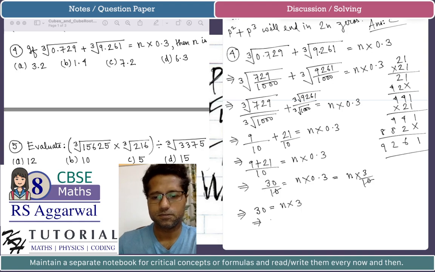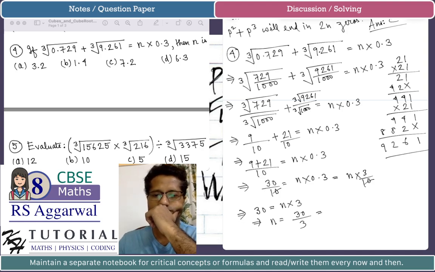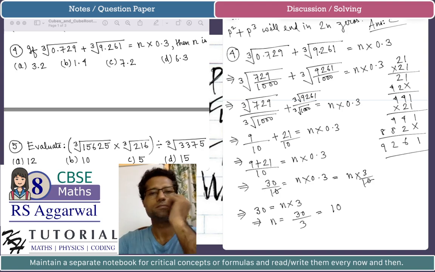This implies n is equal to 30 by 3. So n is coming out to be 10.